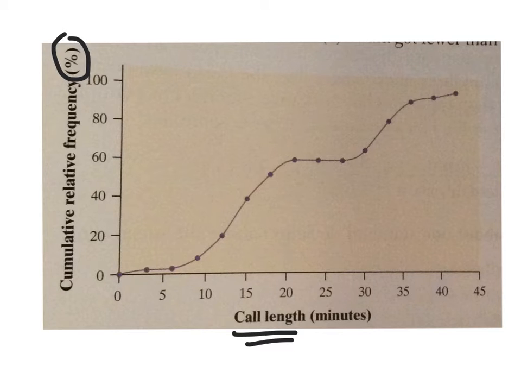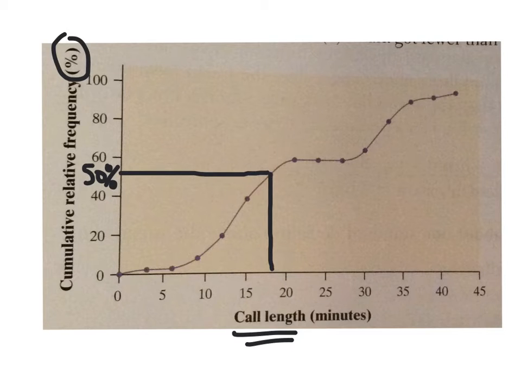Right here, at 50%, we draw a line across, and then down. We're just kind of estimating. So we're right at about 18 minutes. So what we would say is that 50% of the calls were less than 18 minutes. It's like a percentile graph.